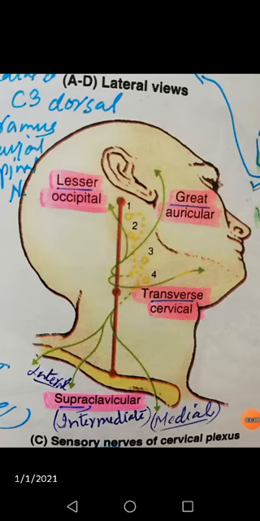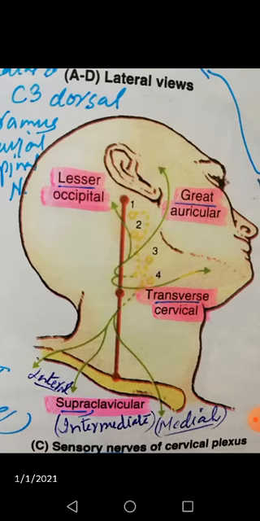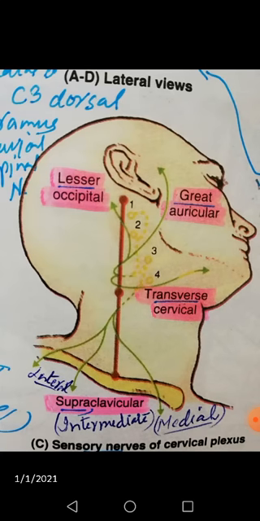Now look at the cutaneous branches of the cervical plexus, which are definitely sensory. Now you can see the names of them. Number 1, the lesser occipital nerve, which derives its root value from C2. It supplies the skin of the neck and scalp, posterior and a little bit superior to the auricle.